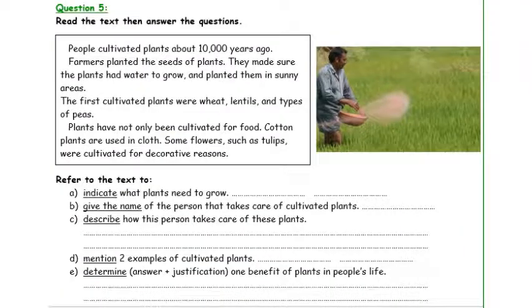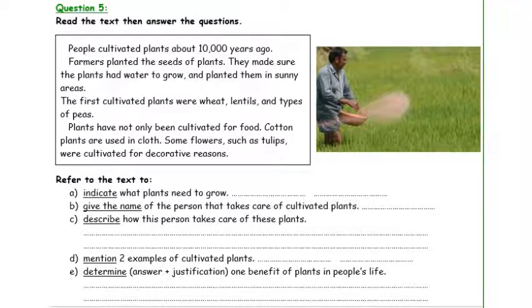And we'll finish with question number 5. In question number 5, I will read the text, then we're going to answer the questions related to the text. People cultivated plants about 10,000 years ago, long time ago. Farmers planted the seeds of plants.